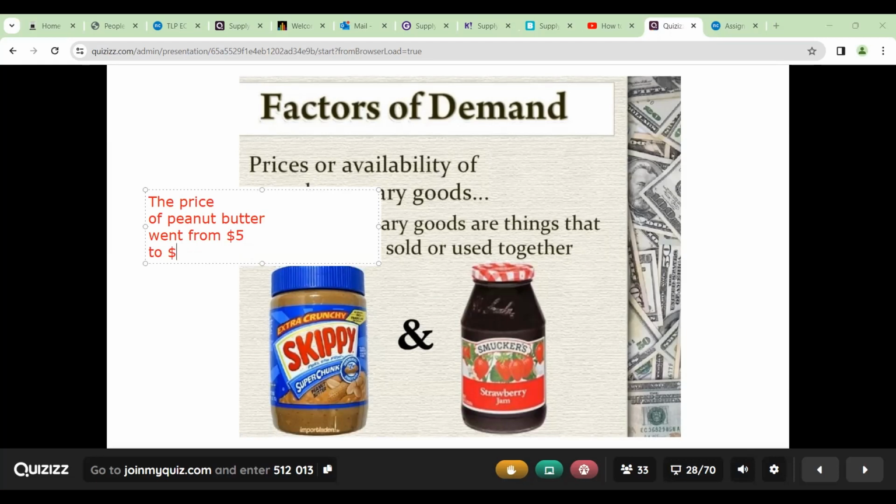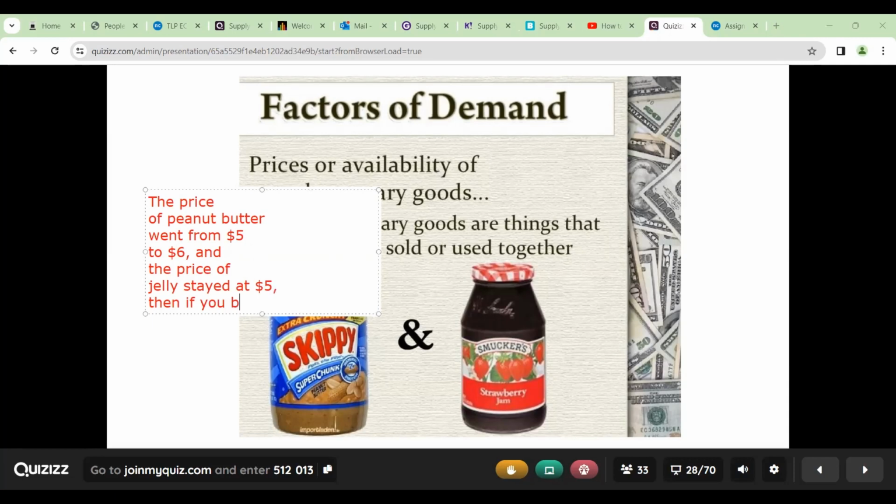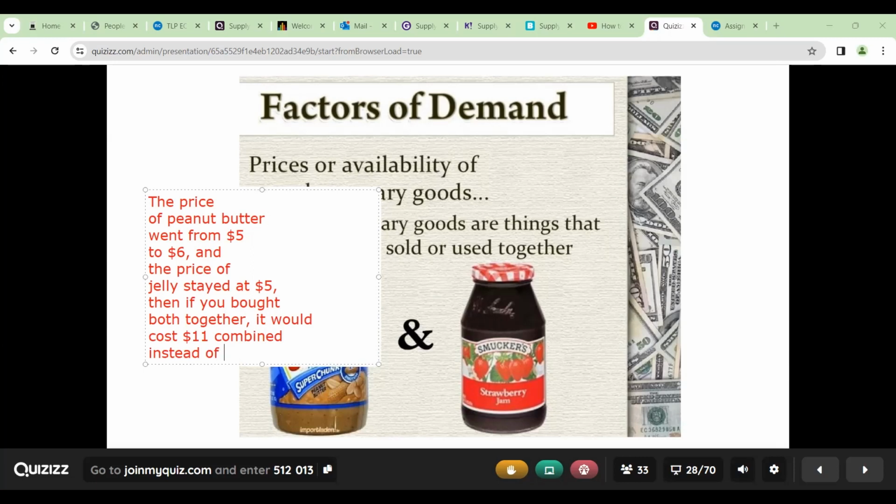$5 to $6, and the price of jelly stayed at $5. If you bought both together, it would cost $11 combined instead of $10 before.